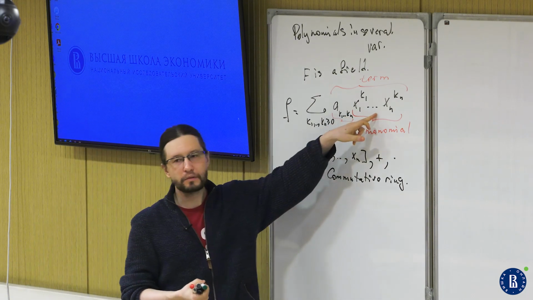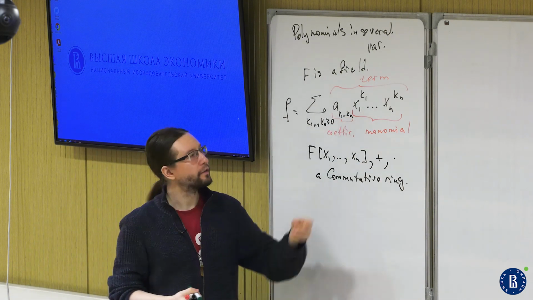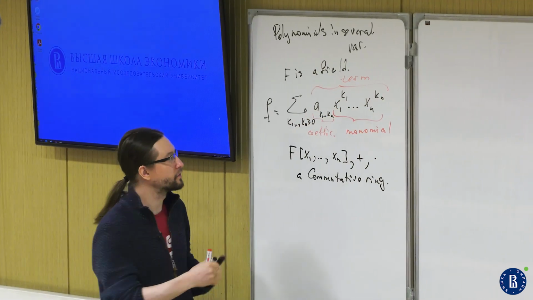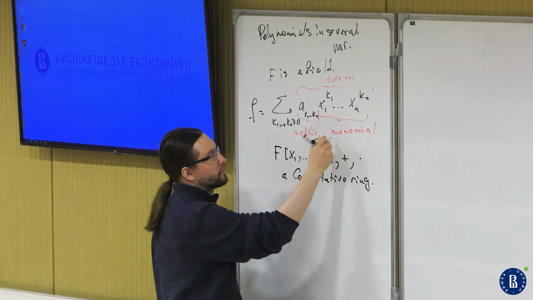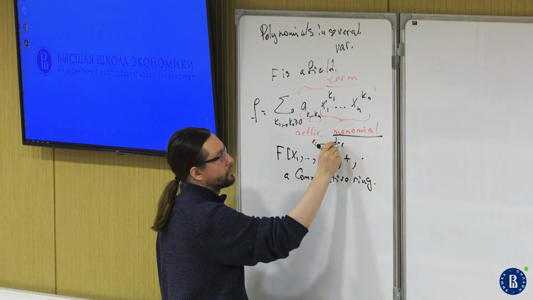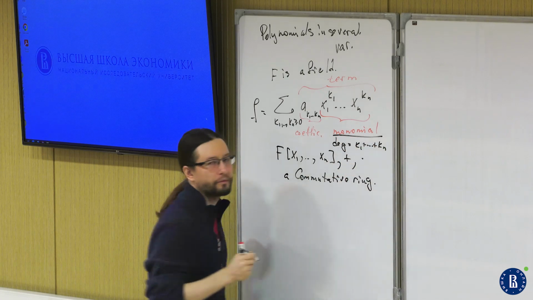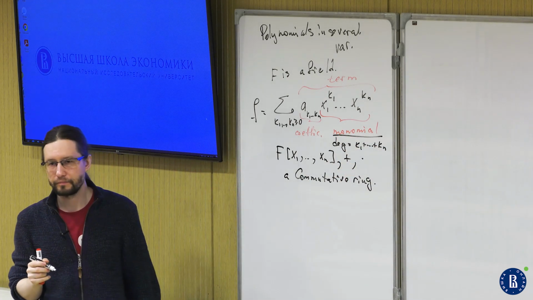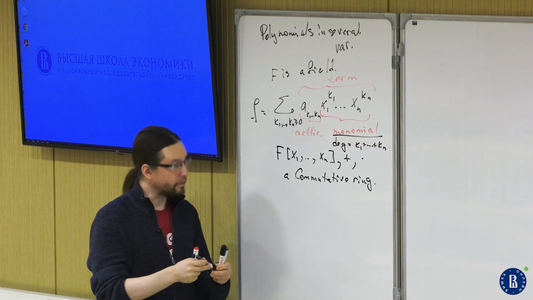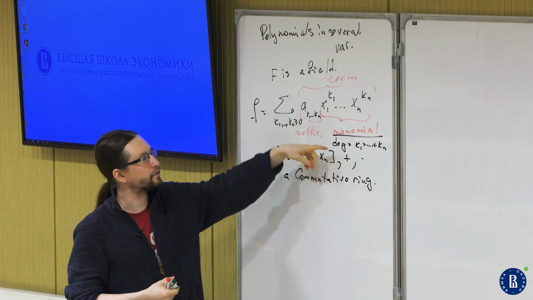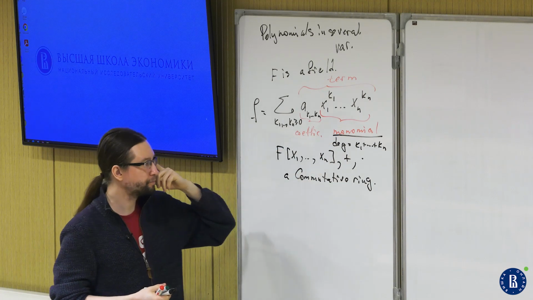Each monomial has a degree. The degree of a monomial is the sum of the degrees of its variables. So if we take a monomial, then its degree is just the sum of the powers of the variables. Now, the degree of a term is usually referred to as the degree of the corresponding monomial.